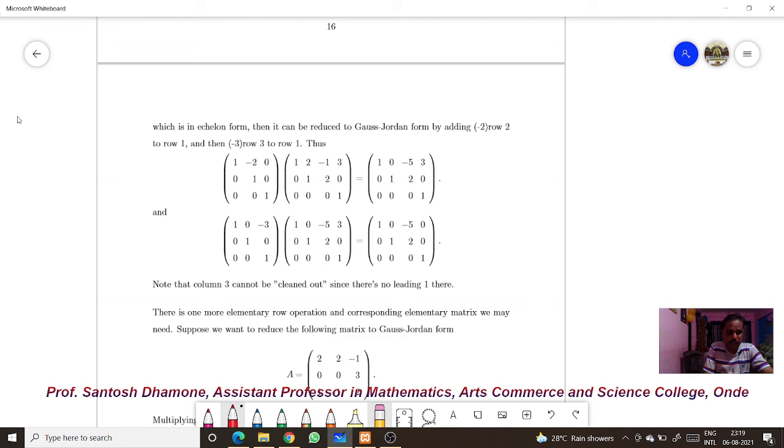Multiplying row 1 by 1 half, we get E1 as 1 half 0 0 0 1 0 0 0 1, and adding minus row 1 to row 3, we get E2 equal to matrix 1 0 0 0 1 0 minus 1 0 1. This is E2.